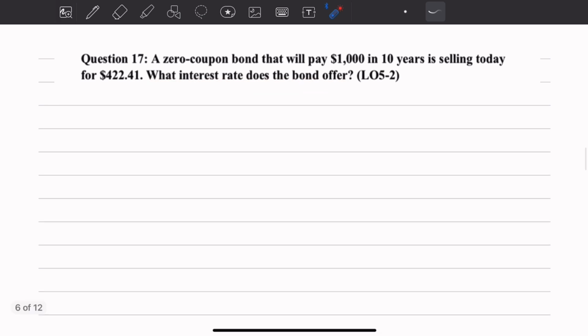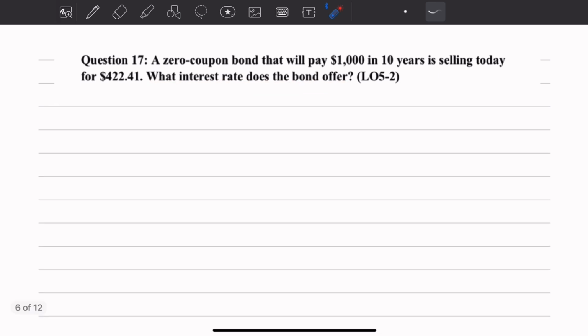This is a tricky question because we know our future value or present value formula, but typically what's missing is either the future value or the present value. For this problem, we have the future value, the present value, and the number of years, t, but what's missing is the interest rate.